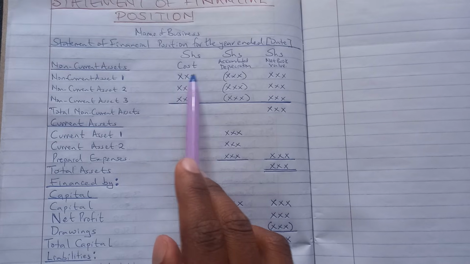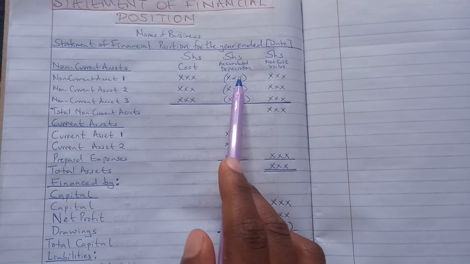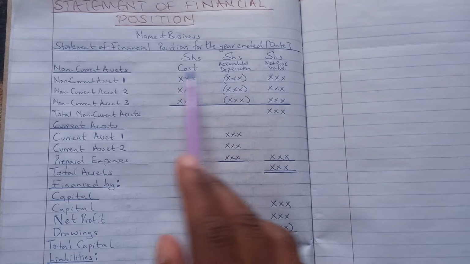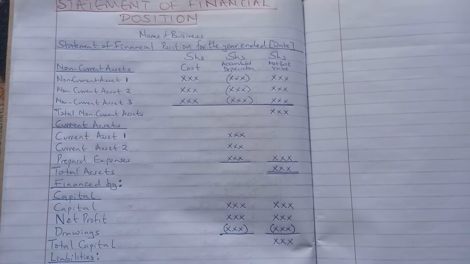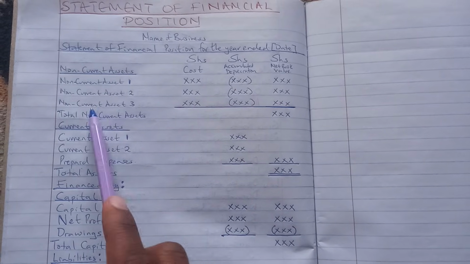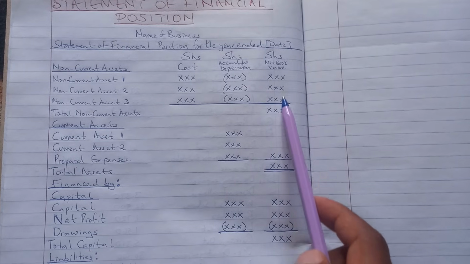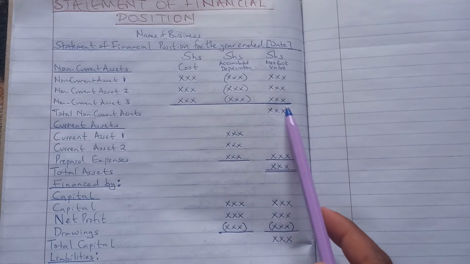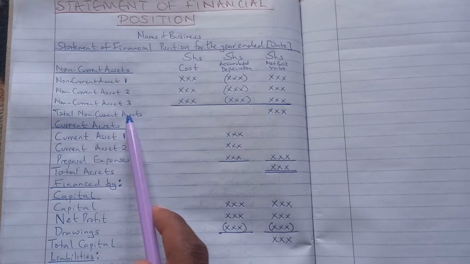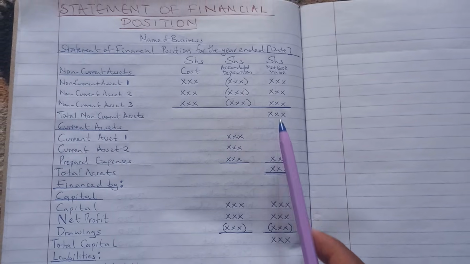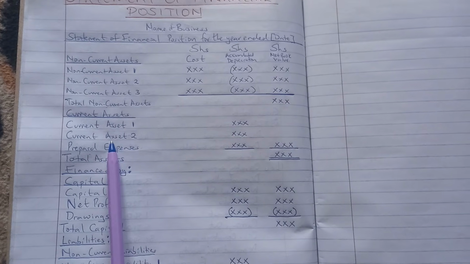If we take cost and subtract the accumulated depreciation, we will get the net book value of that asset. We do it for all the non-current assets until we get the net book value of each, and then we add them so that we get the total non-current assets. And then we move on to the current assets.